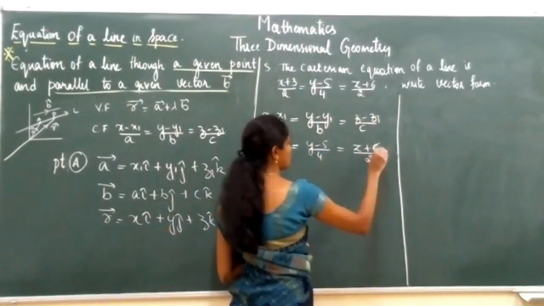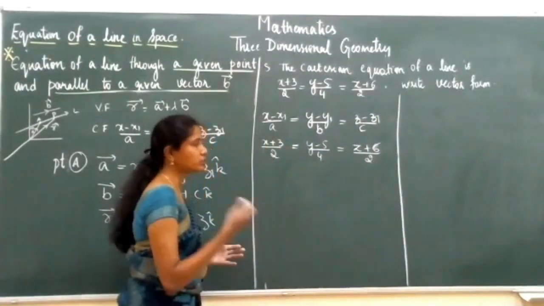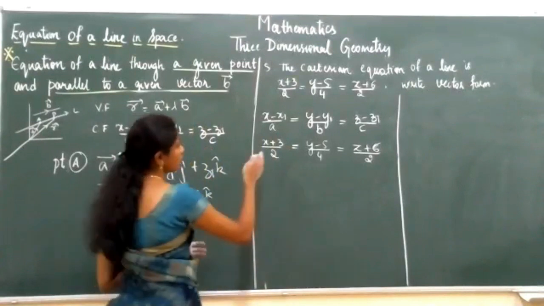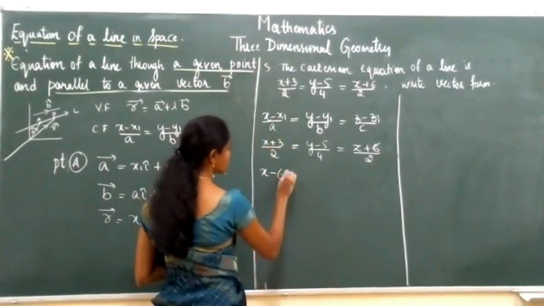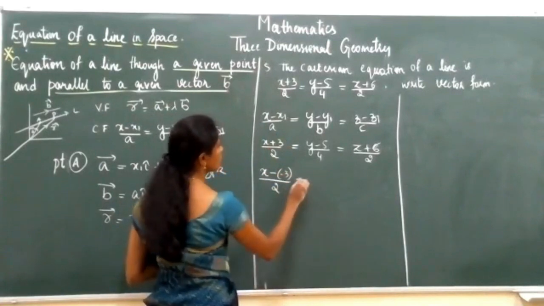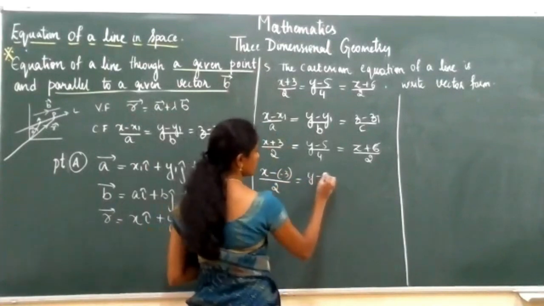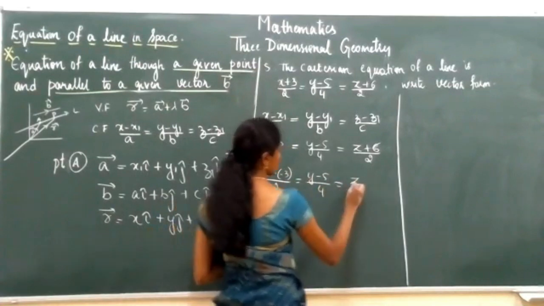Let us compare this and try to reduce it to the general form. So x plus 3 should be written as x minus of minus 3 by 2, which is equal to y minus 5 by 4, which is equal to z.